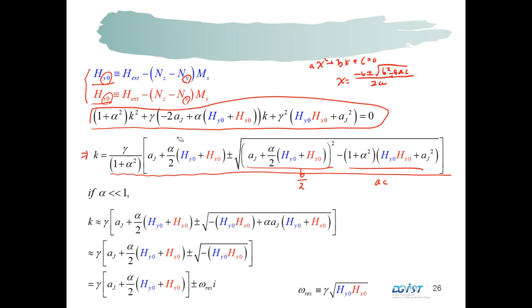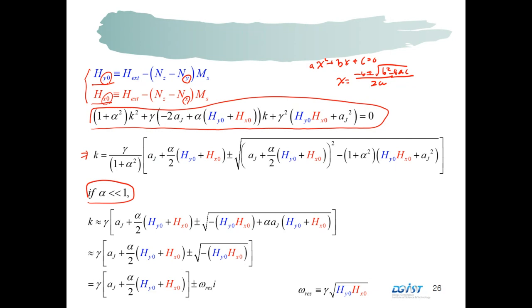Yeah, it is still very complicated, but let's assume small alpha. Yeah, alpha is generally small. Then we can ignore the second order term of alpha. And this term can be dropped. So the K is a simpler form.